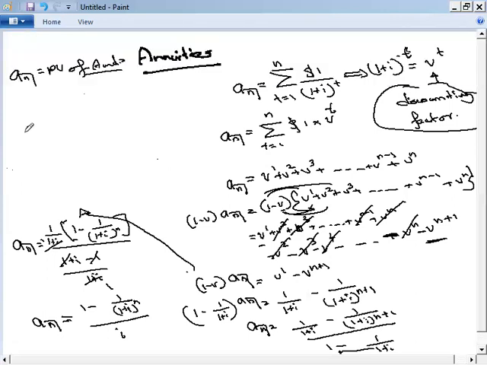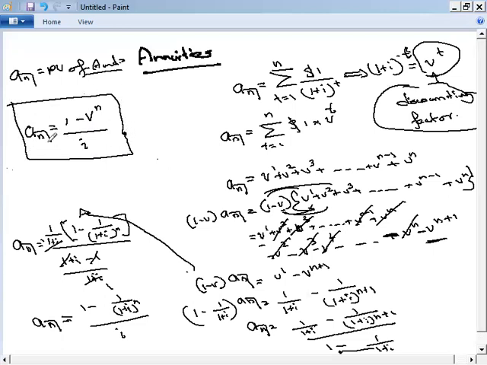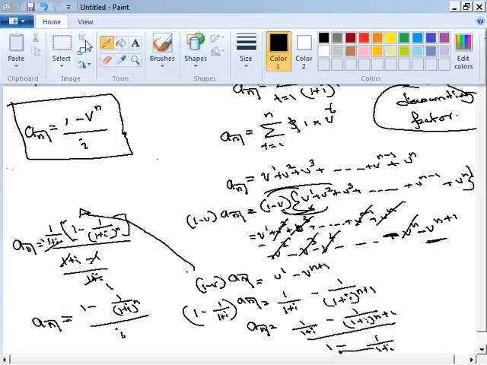So finally we can rewrite this as a_n equals 1 minus 1 over (1 plus i) to the power n, and we can substitute this discounting factor, v to the power n, over i. So this is the formula for the present value of an annuity, right? So similarly we can take the future value of this annuity also.